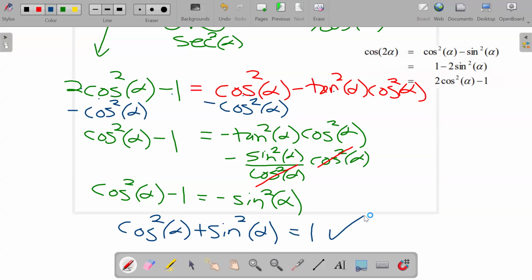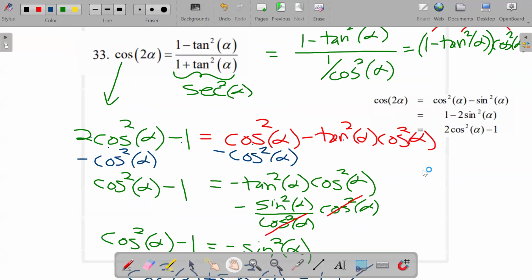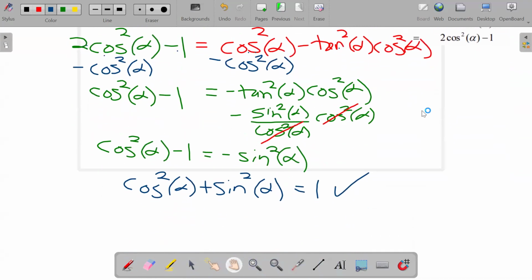Is there an easier way to do this? Maybe. There's probably 10 different ways to do this at least. Again, the goal of proving an identity is start something that you don't know is true and apply some identities you do know to see if you can turn it into something that you know is true. All right, so I could even take this one step further.